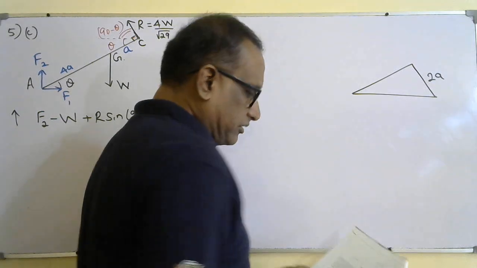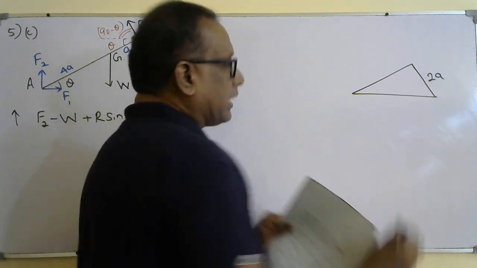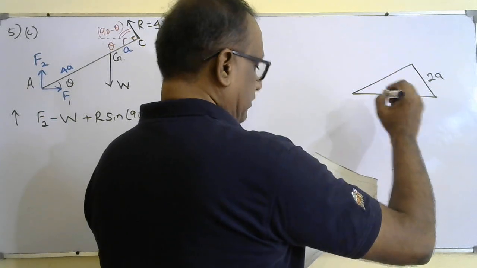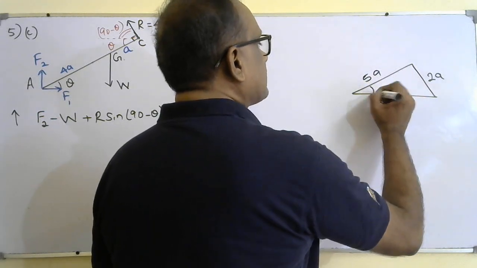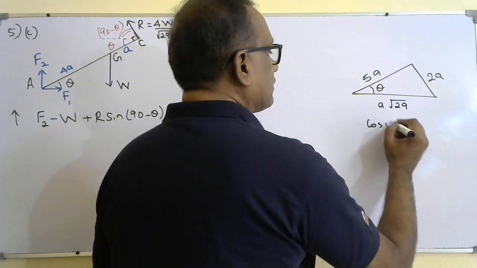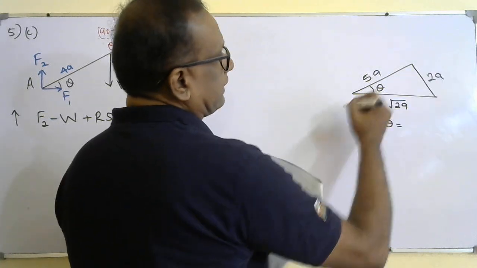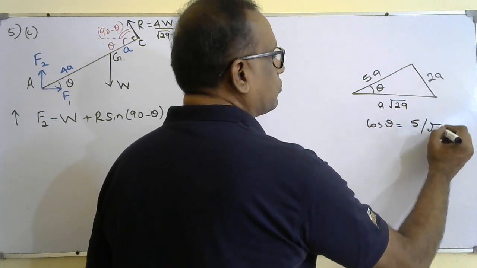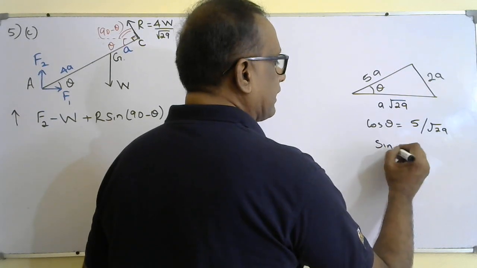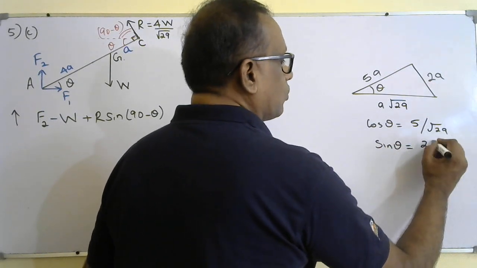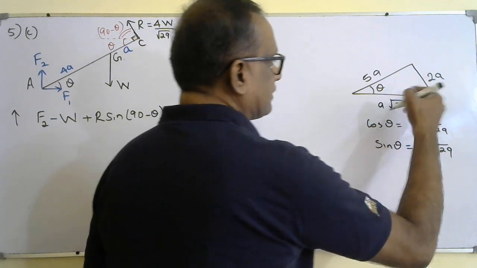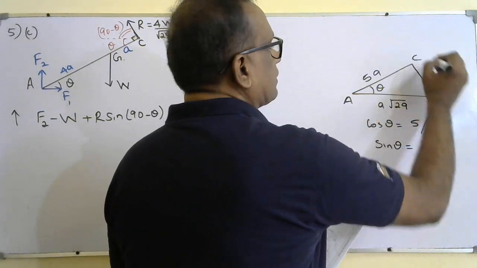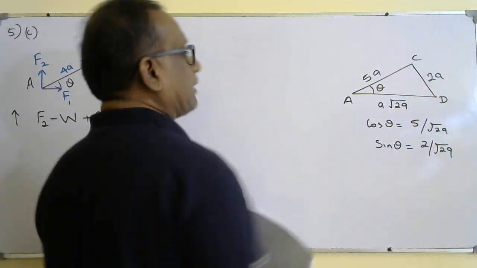This length we found in the first part, that is a root 29. And this is 5a. This is theta. So cos theta equals 5a over a root 29, which is 5 over root 29. Sin theta is equal to 2 over square root of 29. This is the triangle we got in part A. I didn't draw the hemisphere.